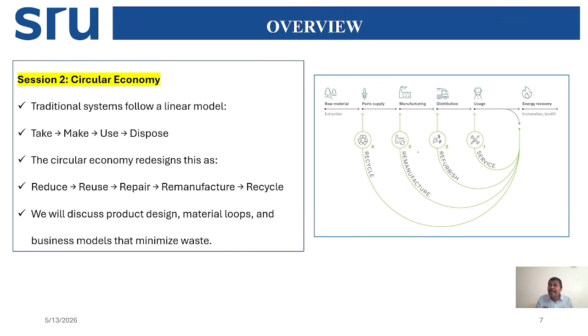That's called energy recovery. Maybe using incineration or some other process we can incorporate, and then we can develop material degradation. That was the main content we'll be discussing about the circular economy. In most cases, how the product was designed, what the material groups are, as well as the business models that minimize the waste.